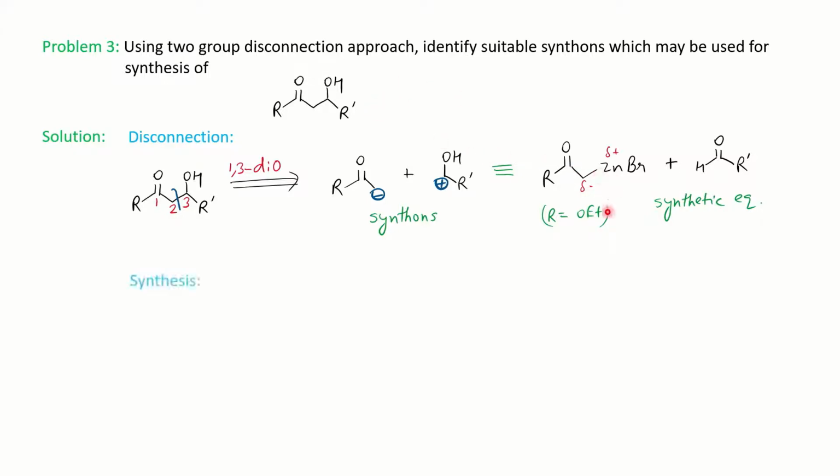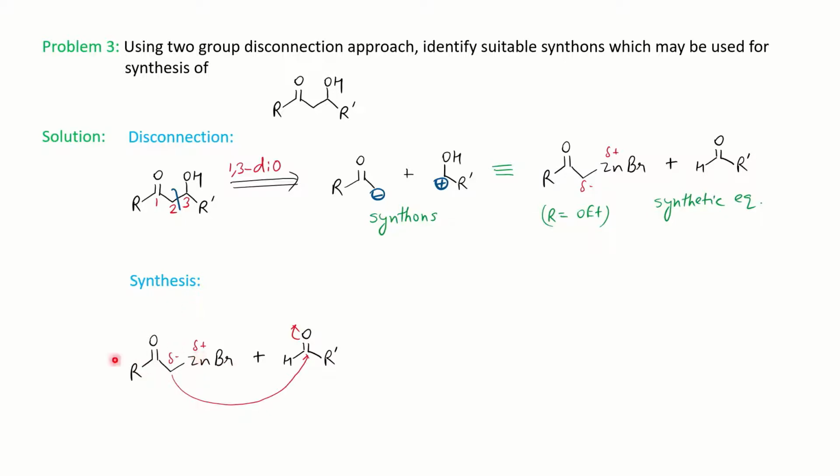So we have selected here the organozinc, which, if you see the retrosynthetic reaction, comes from the alpha halo ester. So R may be your OEt, you can say. So it is an alpha halo ester you can design, where in the presence of zinc, insertion will take place between the carbon and Br bond.